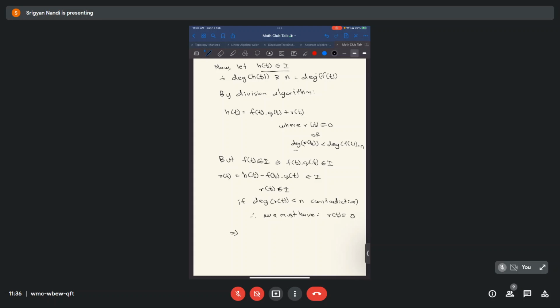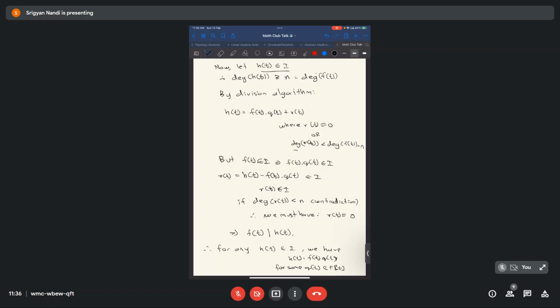If the remainder polynomial is equal to 0, that implies f(t) divides h(t). Therefore, for any other polynomial h(t) belonging to this ideal, we have h(t) equal to f(t) q(t) for some q(t). So every other polynomial element of this ideal is divisible by f.